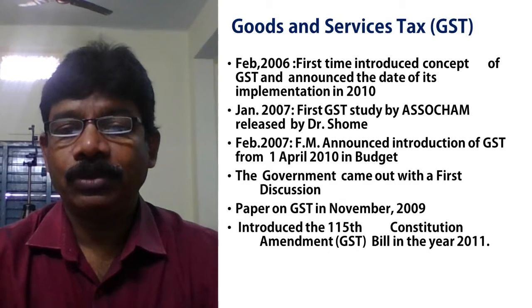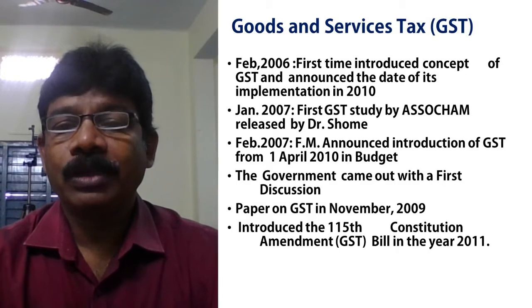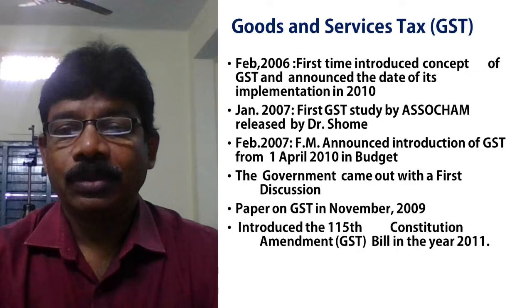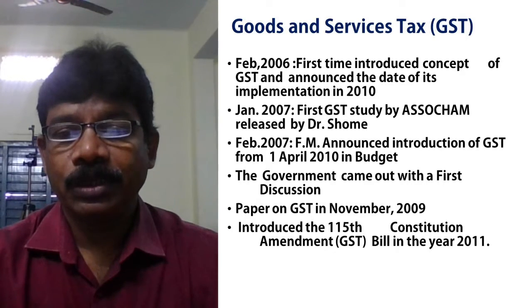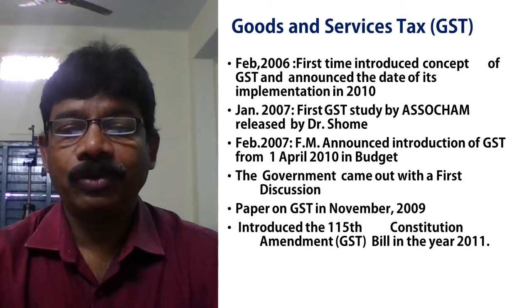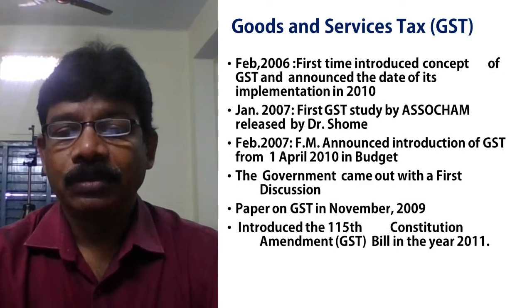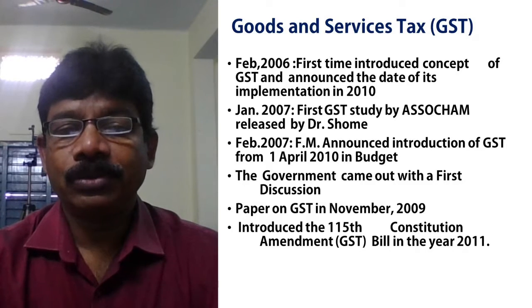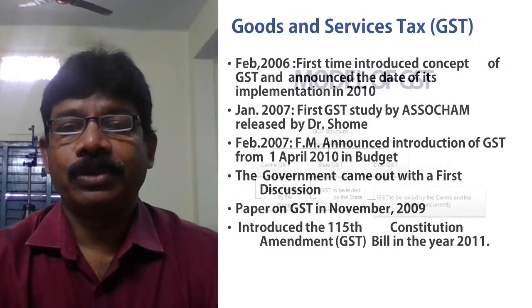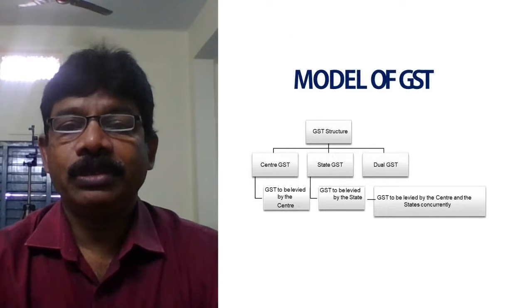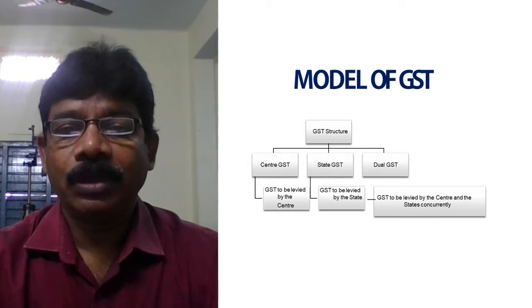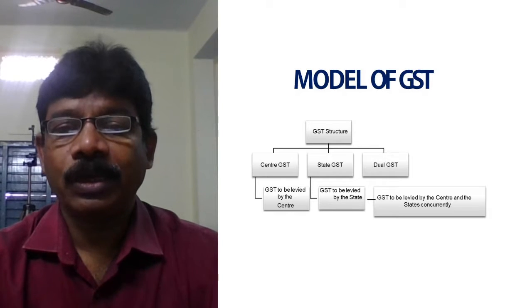In 2007, the Finance Minister introduced GST and tried it in the budget of 2010. The government came out with the first discussion of finance ministers, and later, on 1st July 2017, GST was introduced. We have been discussing the GST model for the last 5 or 6 lessons.